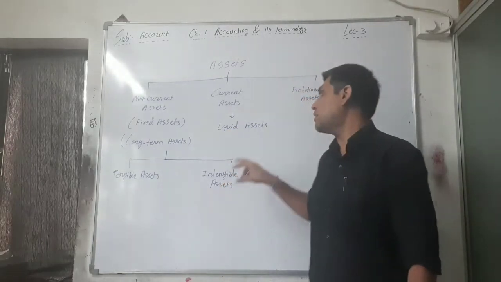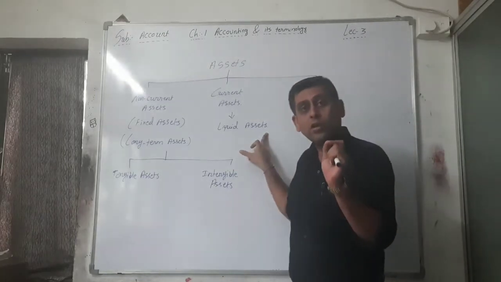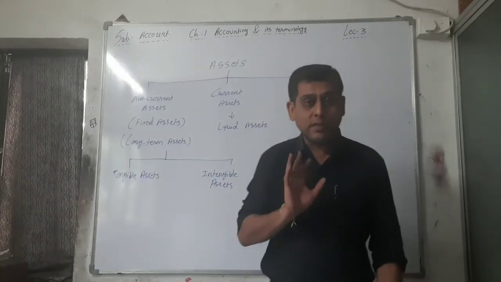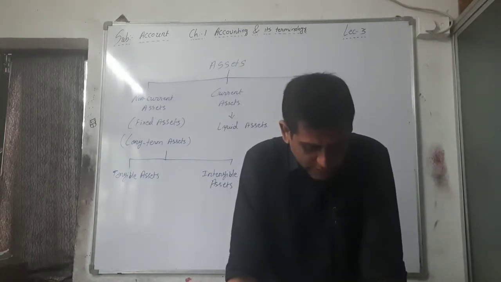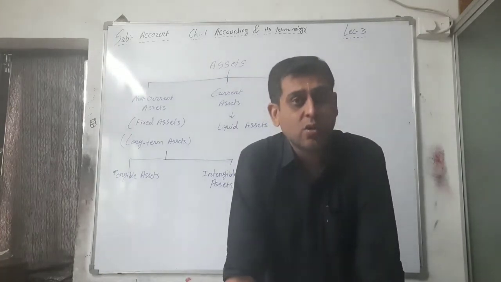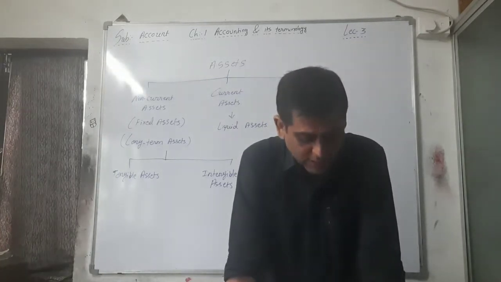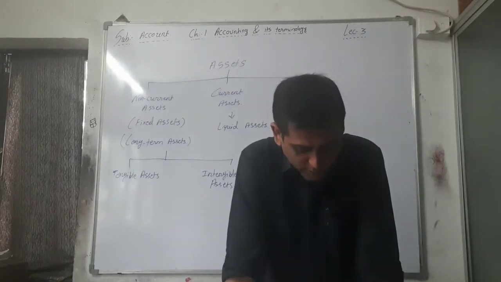So excluding stock, all the assets are liquid assets. The examples are debtors, bills receivable, etc. You can also write cash balance and bank balance as liquid assets, which can be quickly converted into cash.